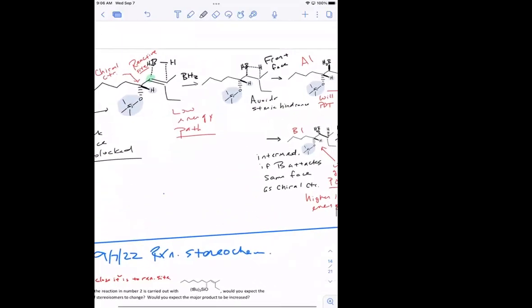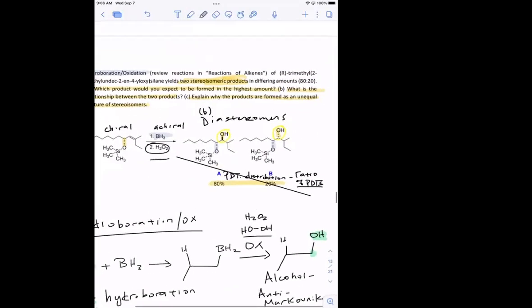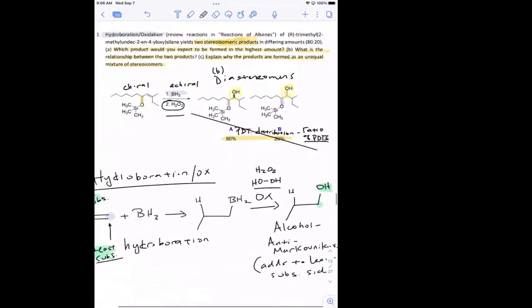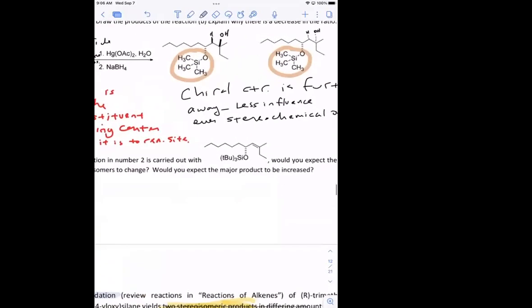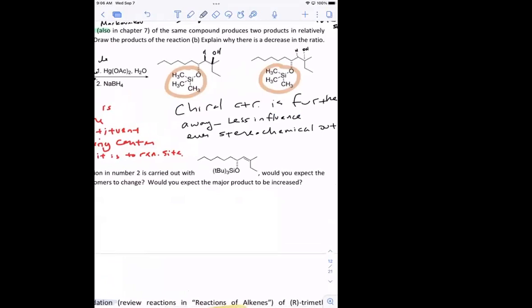We're looking at this reaction right here, the second one. So we know what our 2 products are. But the question is now, if we make the substituent at the chiral center bigger, how does that change the overall stereochemistry of the reaction?